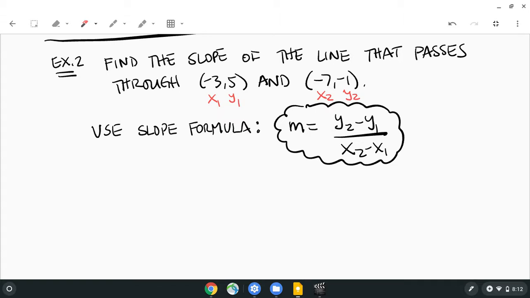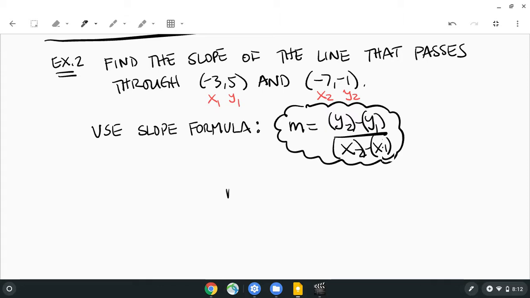All right. So now I just go ahead and plug into this formula. You know what? I always recommend students to use parentheses. So go ahead and tweak your formula so that you have parentheses around these values.